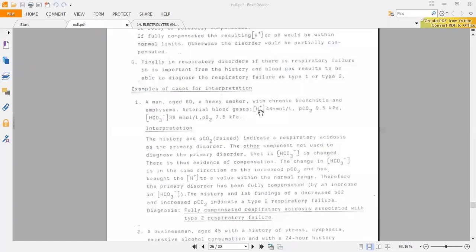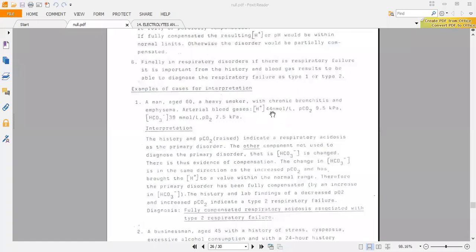Now, when you look at the H plus levels, the H plus levels are within normal range. If you remember the values we gave, you can check it. But in this case, the H plus levels are within normal range. So what can be said about this?